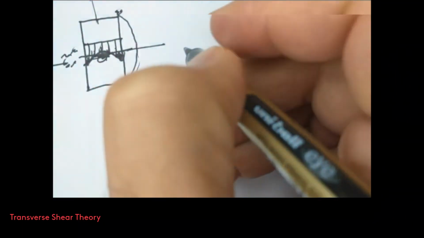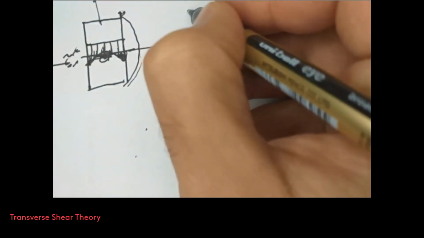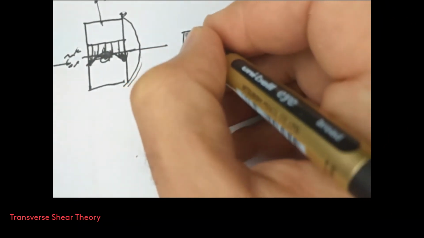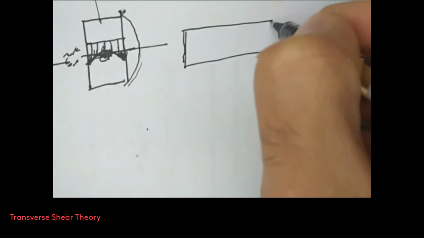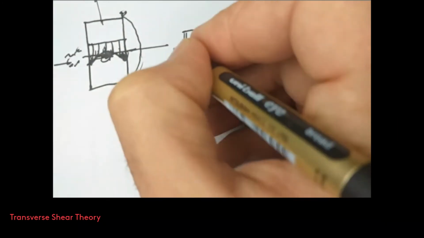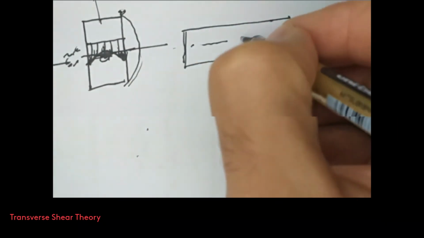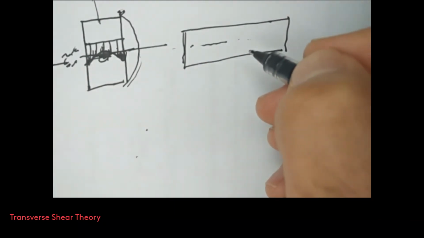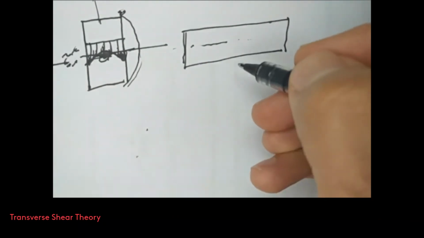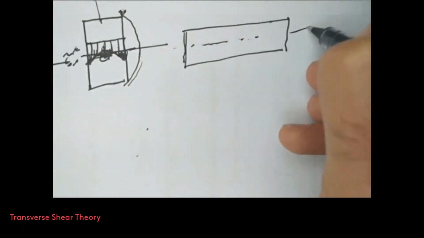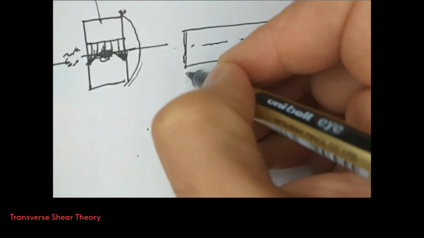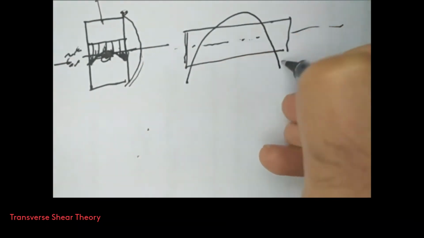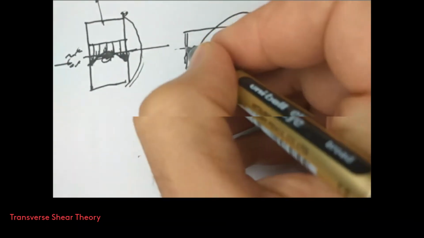But if you have a much thinner one, then this will be your shear stress distribution at a particular location.